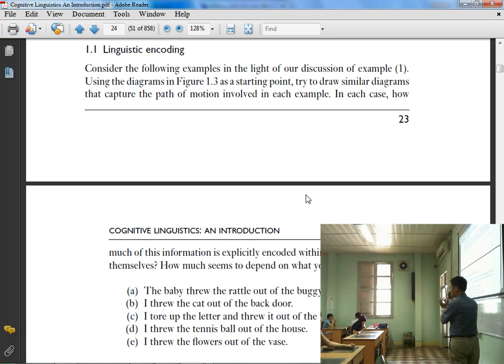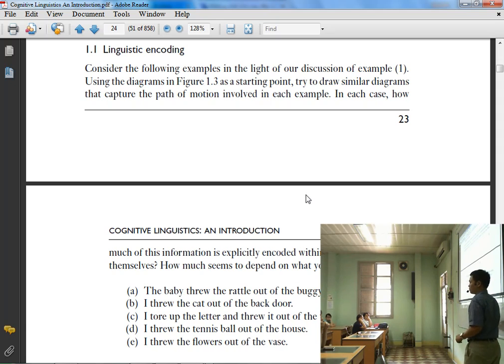It is no longer a solid object. Instead, just a bunch of paper pieces. And the path of motion will be like this. Okay, so this is the kind of image schema that you have in your brain for example C.